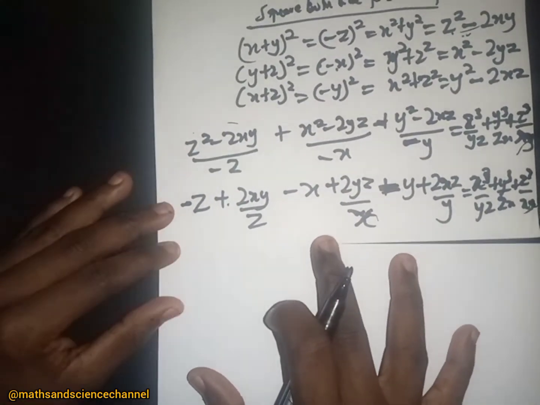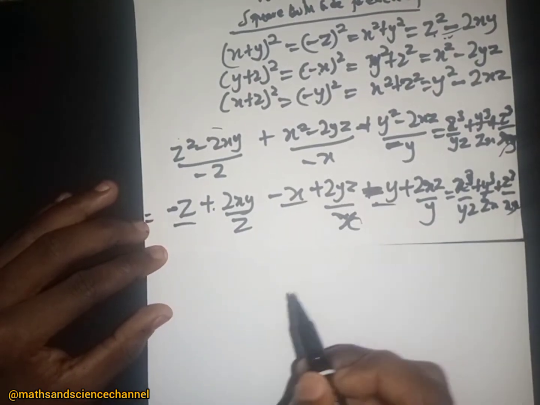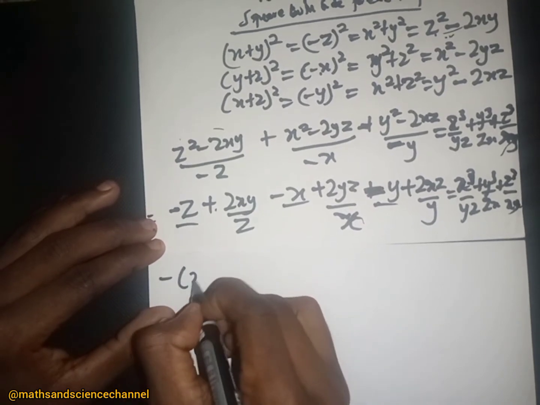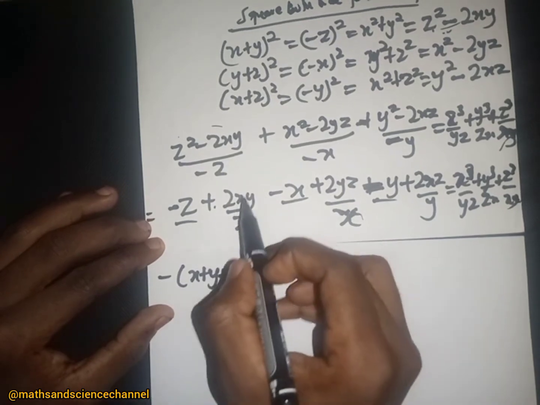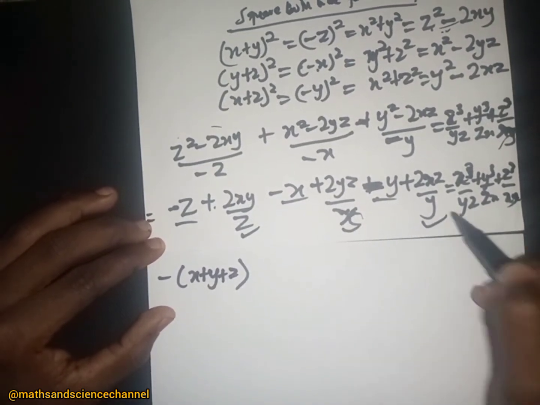Now you realize that in each case we have negative z, negative x, negative y. So we can factorize it out as, let's say, x plus y plus z here, right? So what we are left with is this, that, and also that.